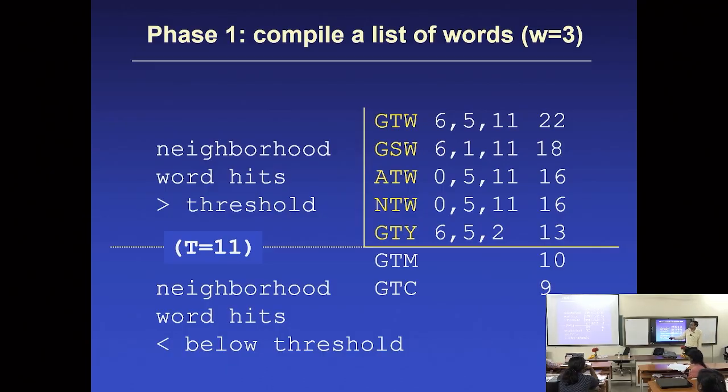But then a threshold has been put. Those better than the threshold will be kept, so these highlighted in yellow, and those that are worse than the threshold will be discarded. So these will be hits.